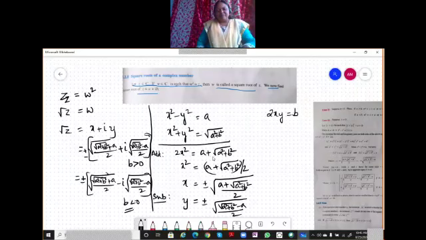So if b is less than 0, we have to take minus here. If b is greater than 0, we have to take plus. That's all. Don't worry much about the proof of this one. If you prove this at least 2 times, then you will be perfect in the proof of this one.